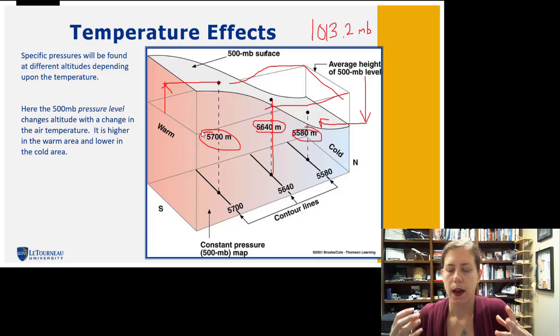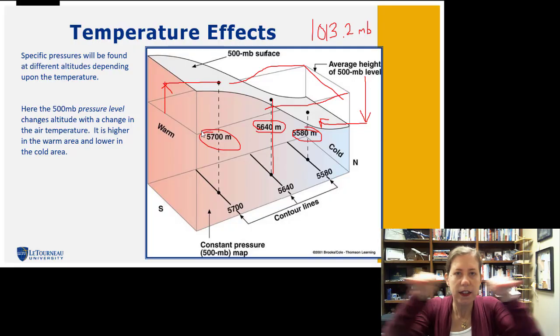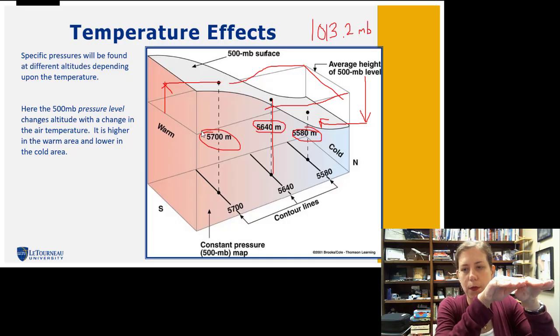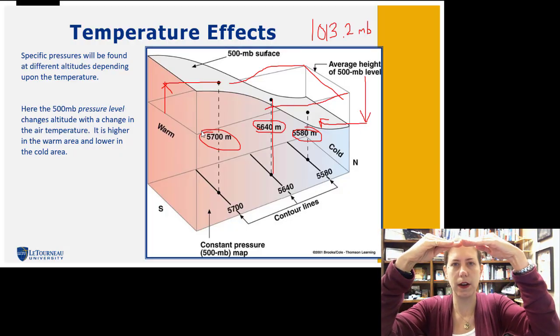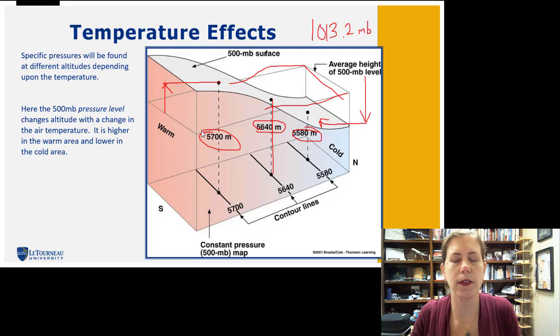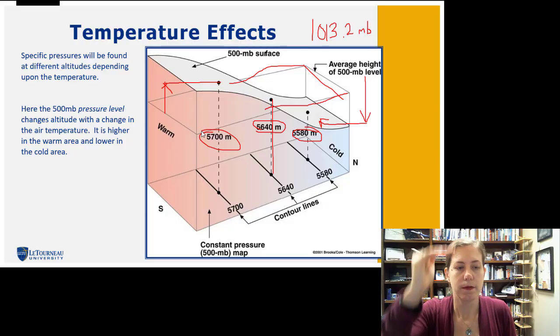When we think about a pressure level, we have to realize it's not at a constant altitude. It's not always sitting at 5,640 meters. Sometimes that 500 millibar level goes up to 5,700 with warmer than normal temperature. Sometimes it goes down to 5,580 meters at a lower than normal temperature. So that is why the height of that pressure level is going to vary.